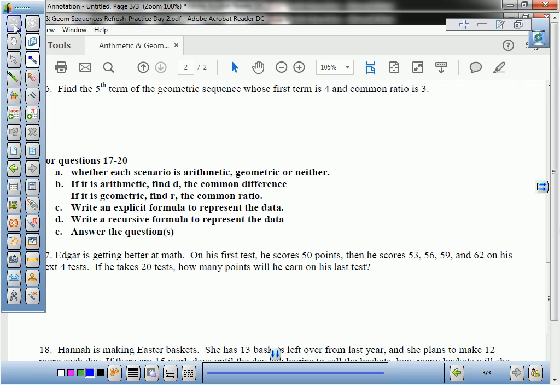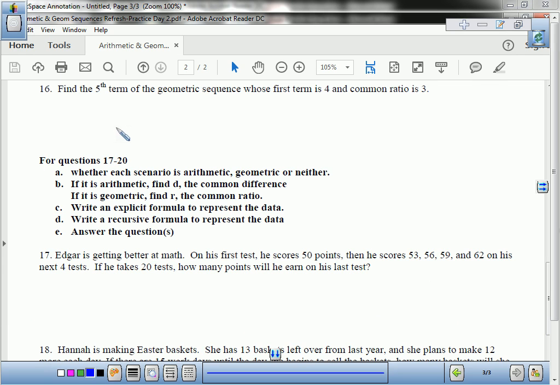Alright. So, number 16. This one isn't arithmetic, it's geometric. So we have to use this formula: G sub n equals G sub 1 times r to the n minus 1. So it tells us to find the fifth term if the first term is 4 and the common ratio is 3.